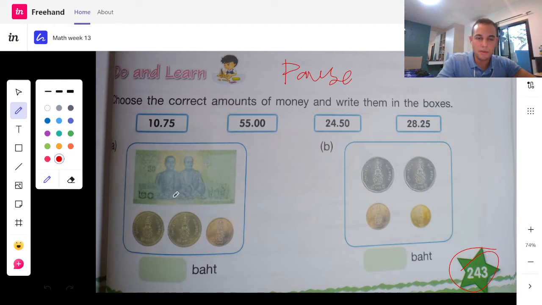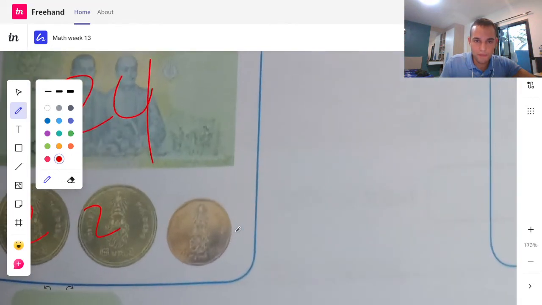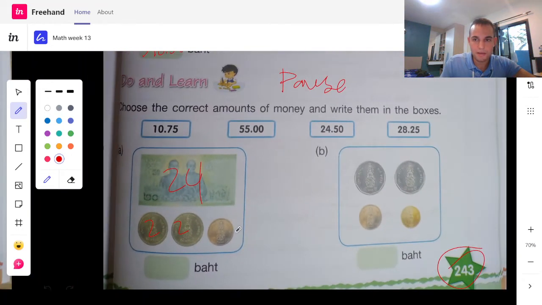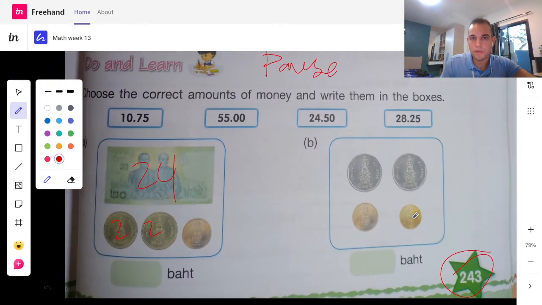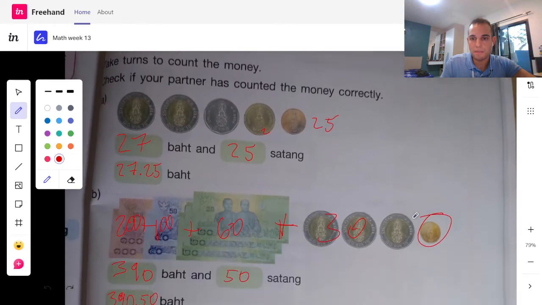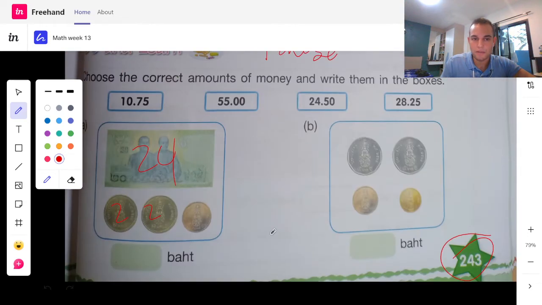This is 20 plus 2 plus 2, so that's 24. And this looks like the 25 satang based on the color. Oh no, it's 2 baht? Yeah, okay, it's 2 baht.